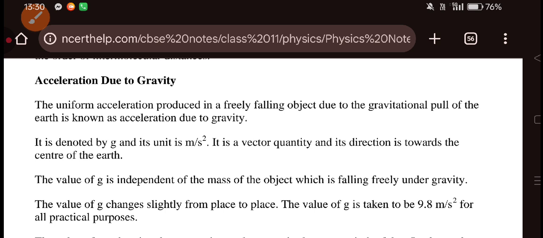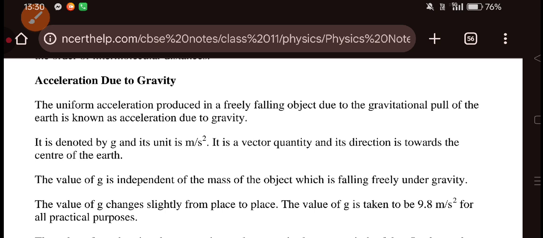Acceleration due to gravity. The uniform acceleration produced in a freely falling object due to the gravitational pull of the earth is known as acceleration due to gravity. It means on the surface of the earth there is an object which is falling downward towards the center of the earth with uniform acceleration.